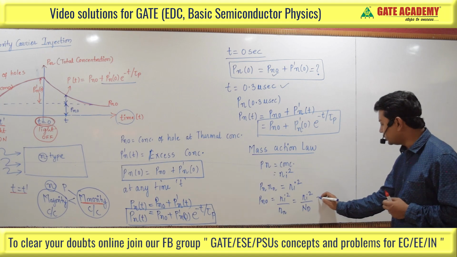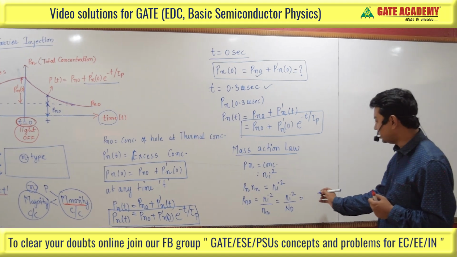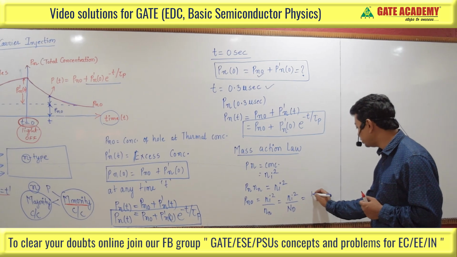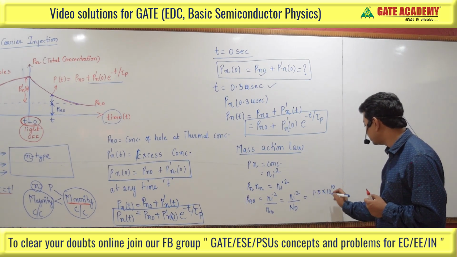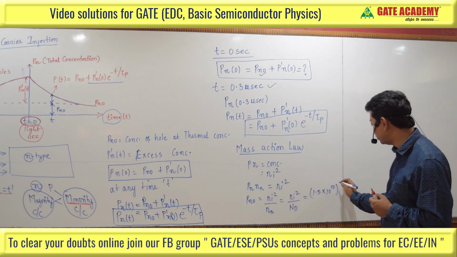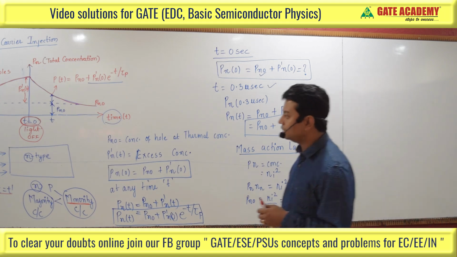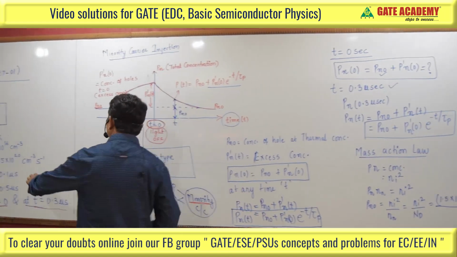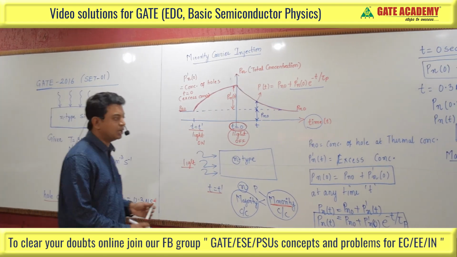This is equal to ni squared divided by Nn, which is nothing but Nd. Since this semiconductor is silicon, we know that ni is equal to 1.5 into 10 to the power 10. This is the constant value which we always have to remember, and we take the square of it. The Nd value is given in the question, that is 5 into 10 to the power 16. So we can apply this one.